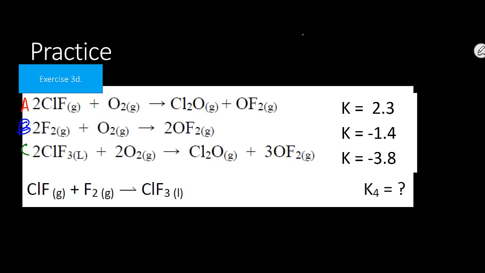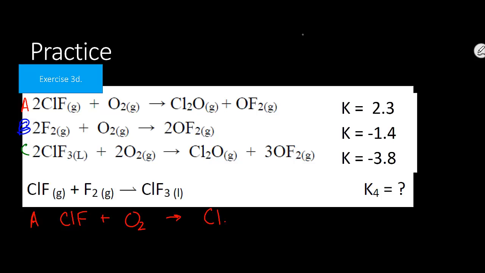So to start with, I need chlorine monofluoride, which only appears in reaction A. So I'll use reaction A, and chlorine monofluoride is a reactant in reaction A.